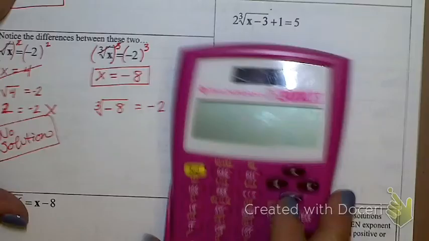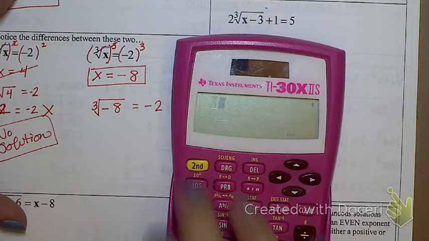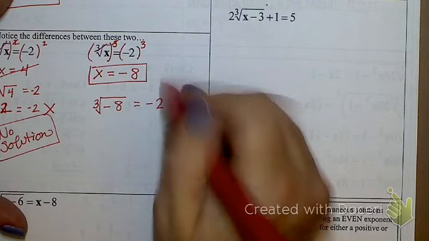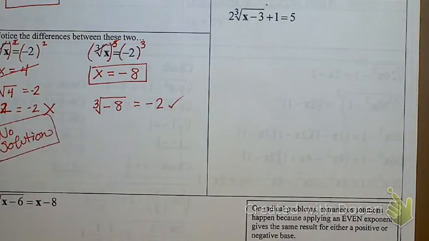And if I go to my calculator and I say what's the cube root of negative 8, it gives me negative 2 as my answer. So that does check out. My answer is good. You can always check your answer if you just want to make sure you're doing it right. But you only have to check it on even ones, even indexes. Okay? All right. Moving on.